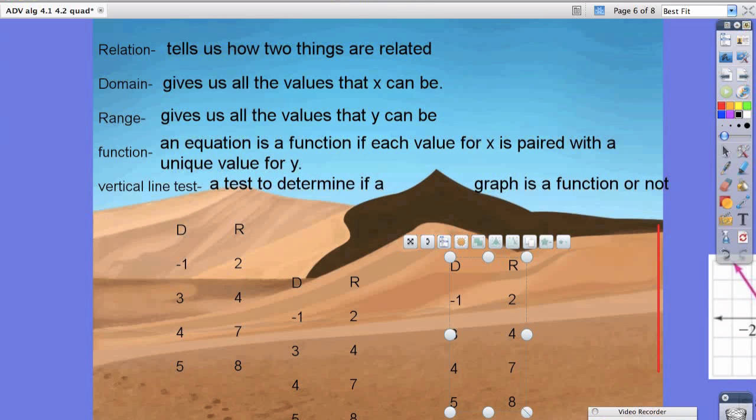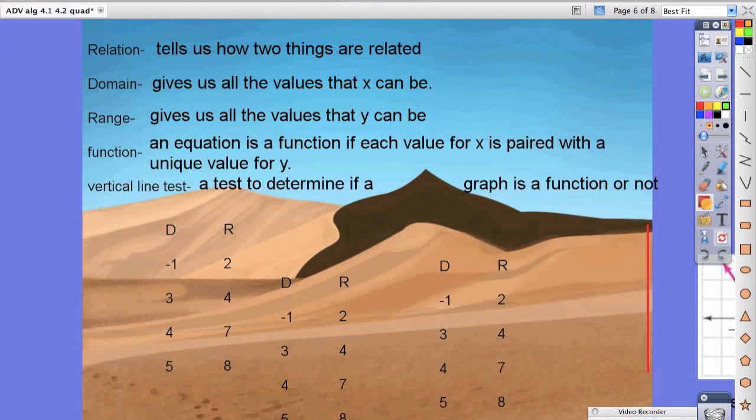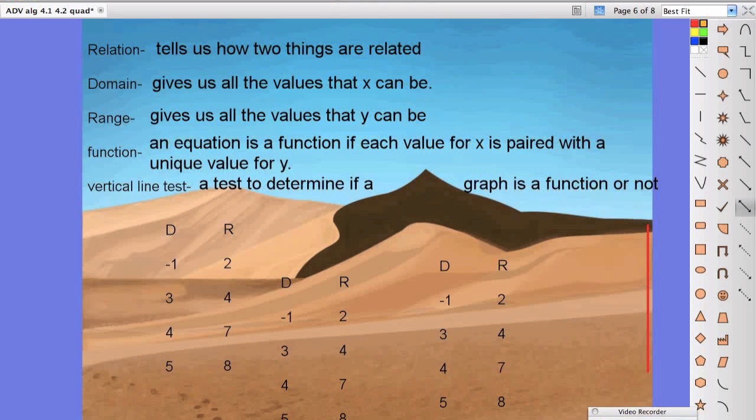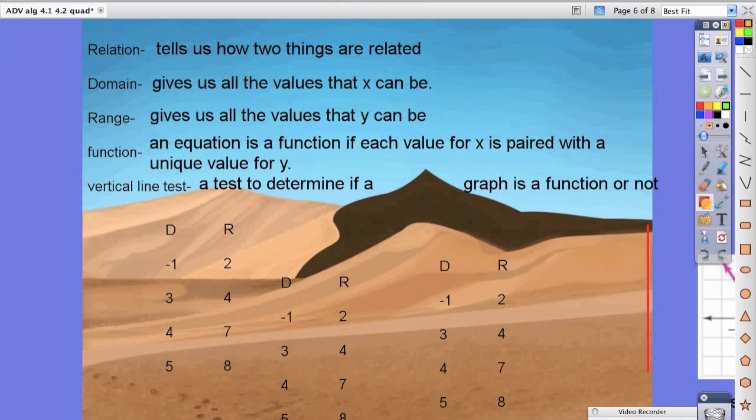The domain is our x values, and our range is the y's. We draw lines from one number to the other. 1 goes to 2, 3 goes to 7, 4 goes to 4, and 5 goes to 8. This is oftentimes how you'll see the picture.